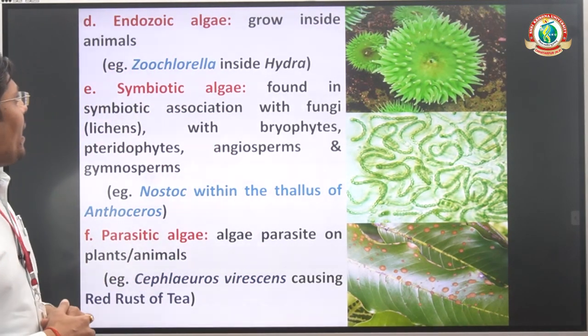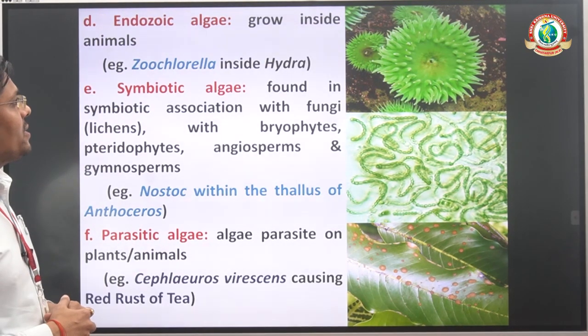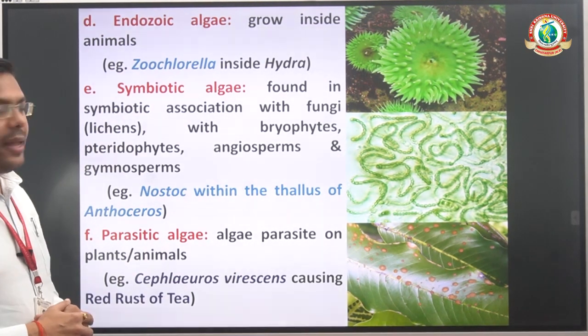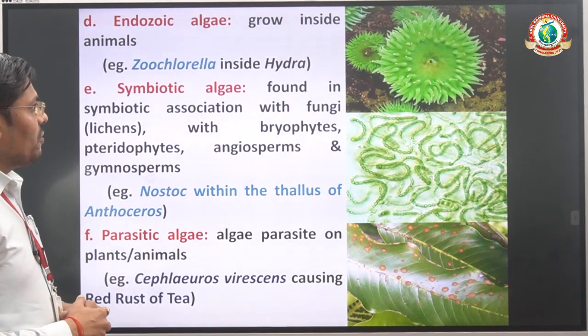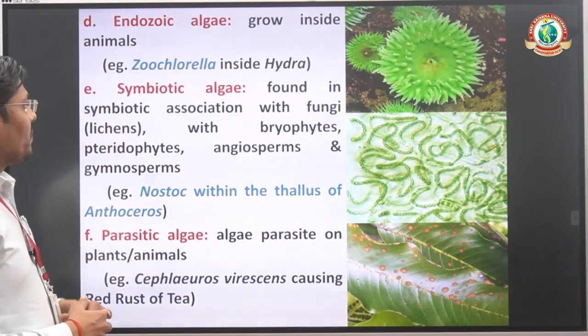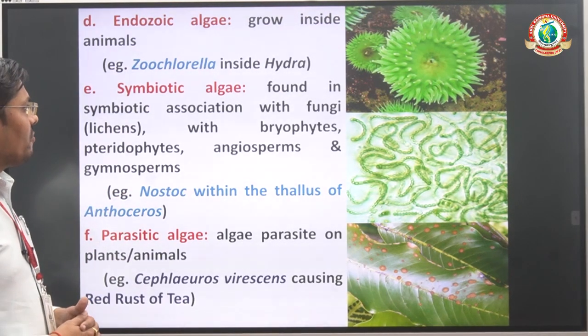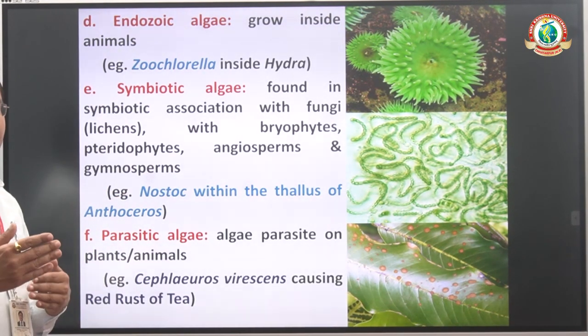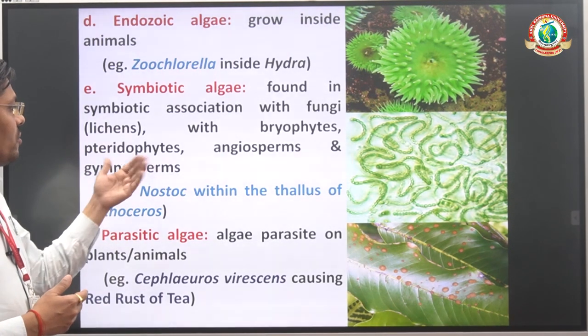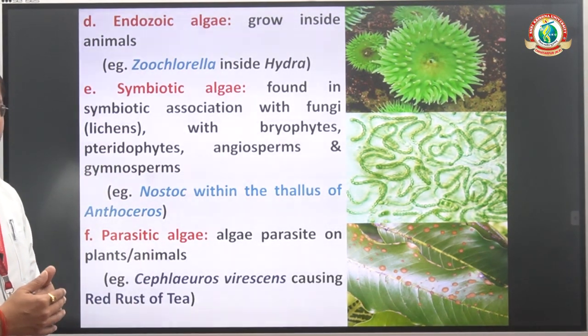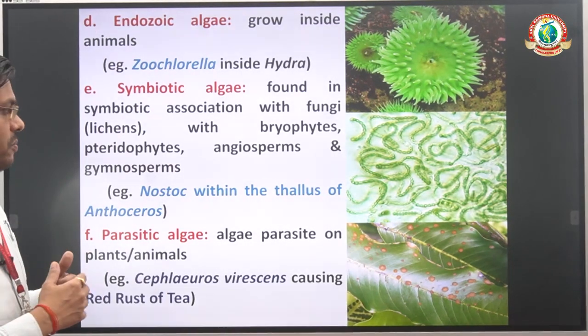Next are the endozoic algae. These algae grow inside the animals. An example is Zoochlorella, which is found inside the hydra. Next is symbiotic algae, which are found in association with other organisms like lichens and also with bryophytes, pteridophytes, angiosperms and gymnosperms.